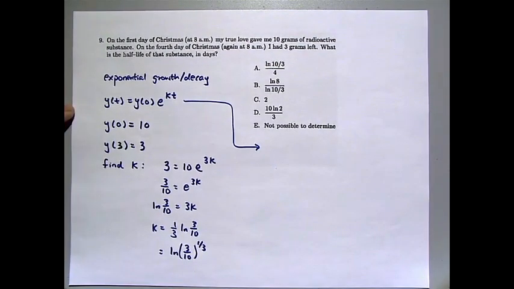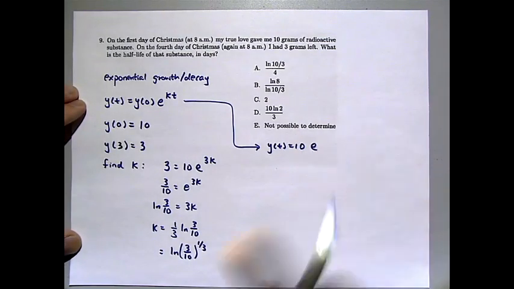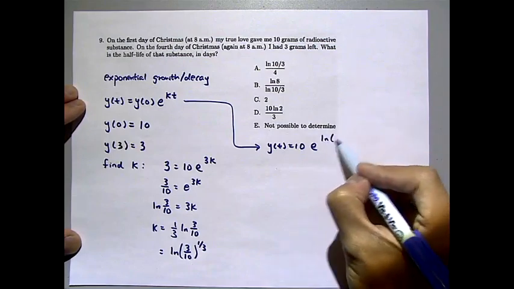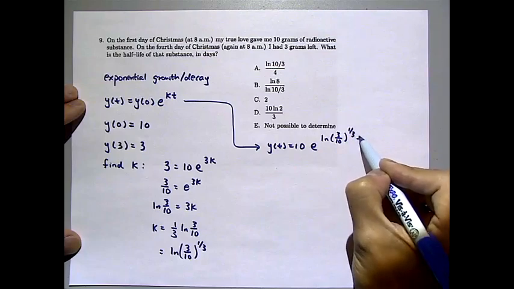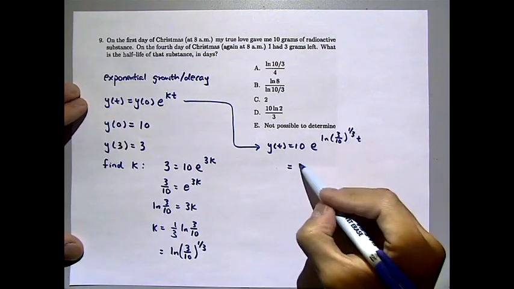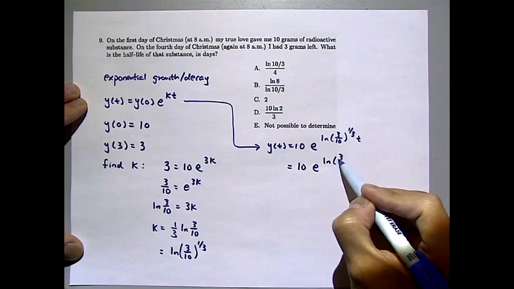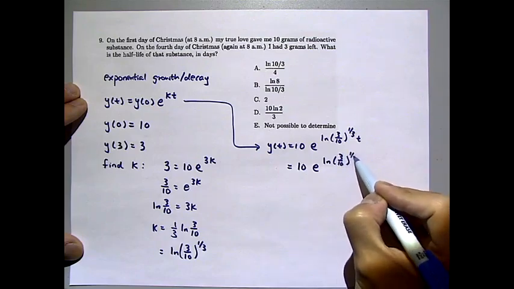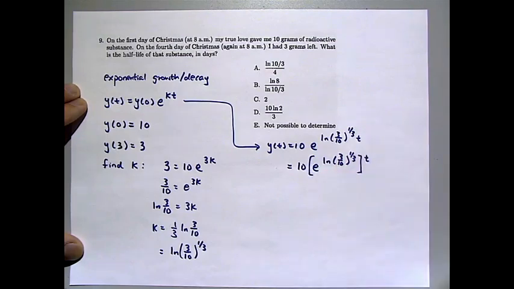All right, now I'm going to rewrite this equation using this k and that initial amount. Y of t is equal to 10 e to the k t, which is the same as e to the ln of (3 over 10) to the power of 1 over 3, that entire thing raised to the power of t.